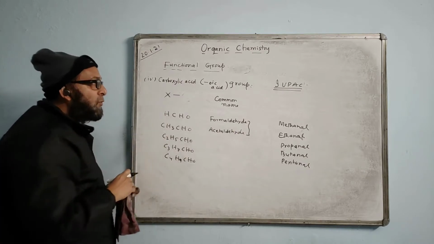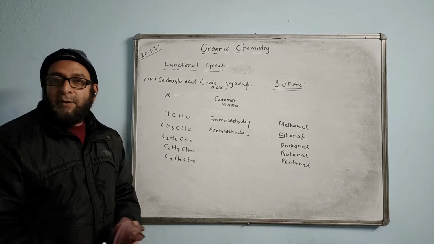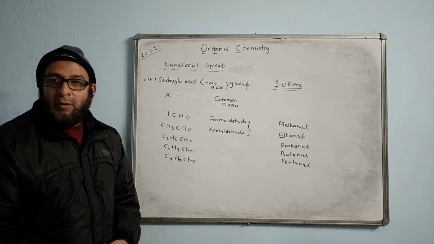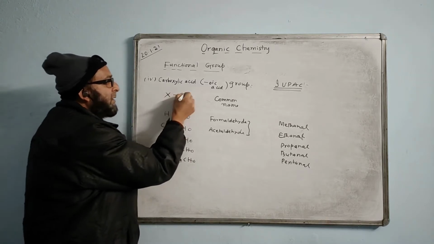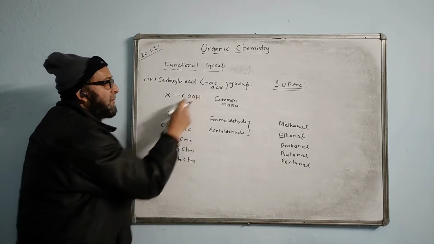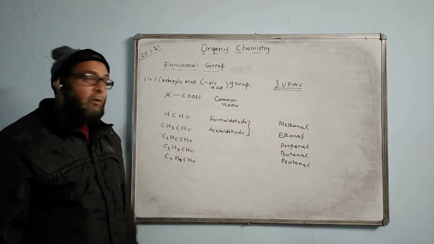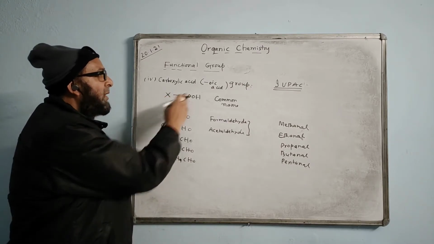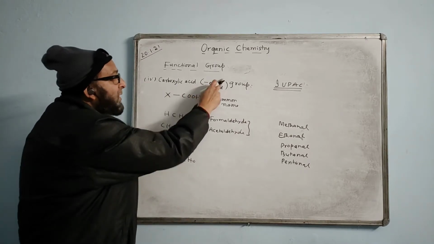In simple words we call it acid group or organic acid group. And its identification is COOH. Remember, CHO is aldehyde, OH is alcohol, COOH is acid group, or we call it oic acid.